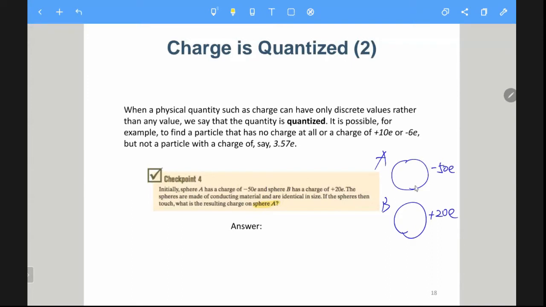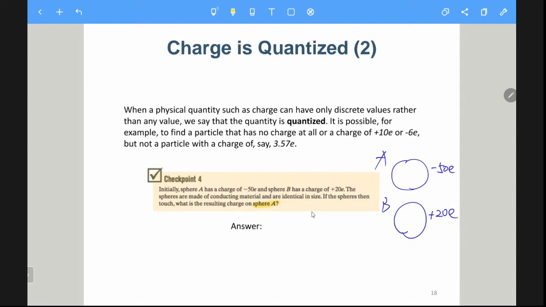So at the very beginning, both sphere A and sphere B have some initial charges. After they touch, it asks you what will be the resulting charge on sphere A. And of course, you will know sphere B too, because you know not only that charge is quantized, but also that charge is conserved. You cannot create or vanish a charge.